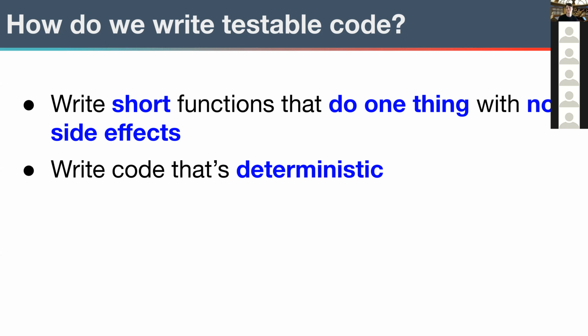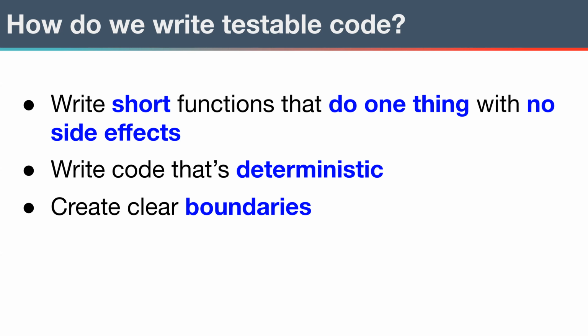Again, write code that's deterministic, so having a way to input the random seed that you use in a pseudorandom number generator. It's also important to create clear boundaries. If we don't have boundaries, then we don't have a place where we can test things.